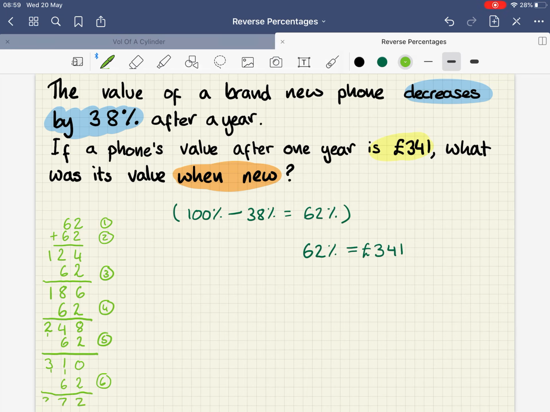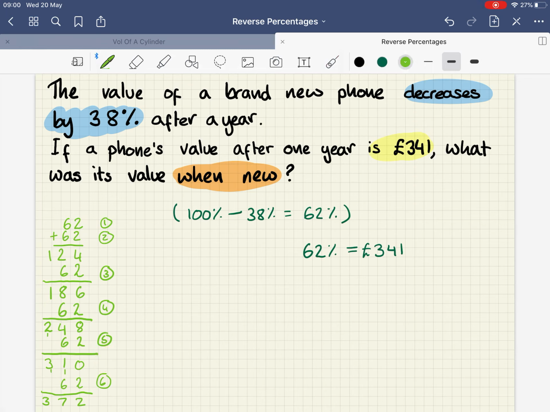Now, at this point, we have suddenly gone past our 341. We've gone past it, so we need to be somewhere in between the 5 and the 6.